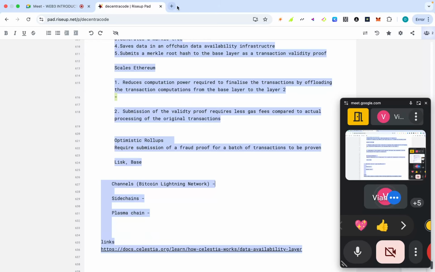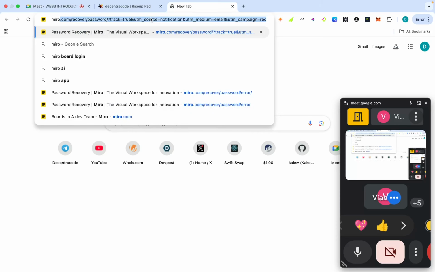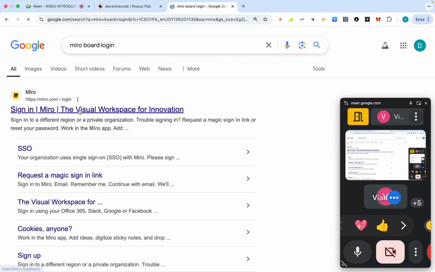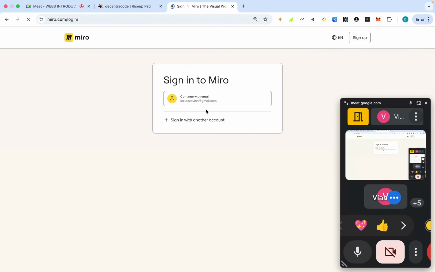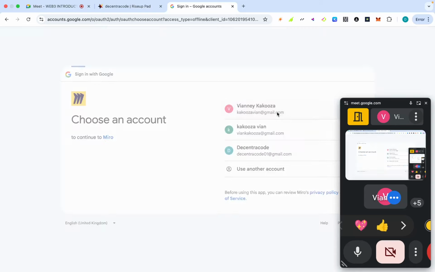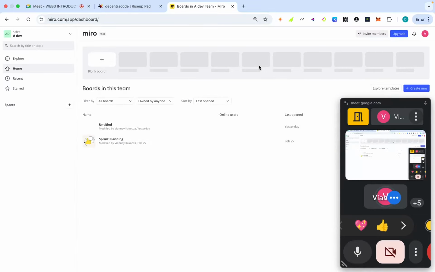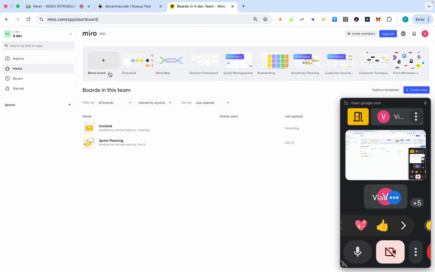So, what can I use here? The Miro board. I should use the Miro board. I hope it opens. I'll just demonstrate this. So, blank board.